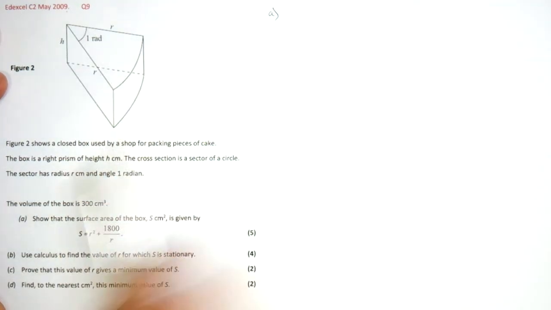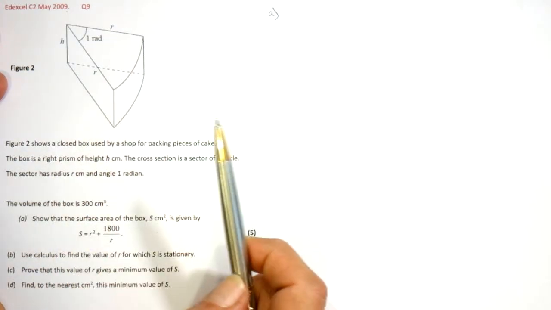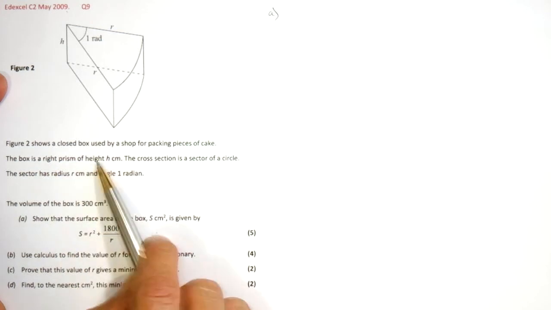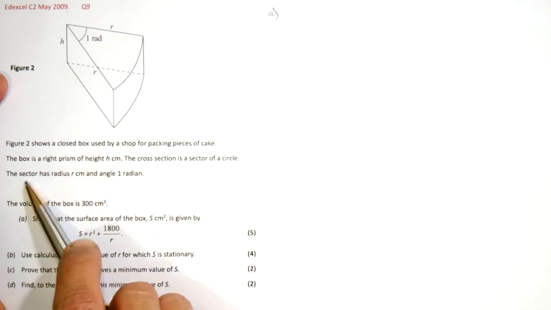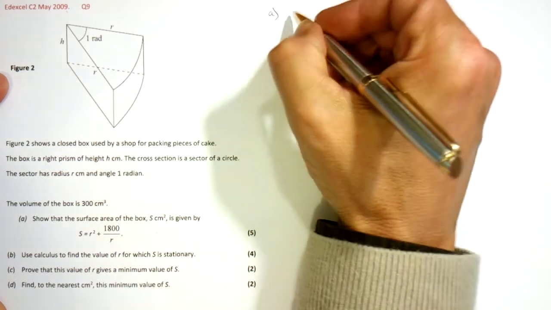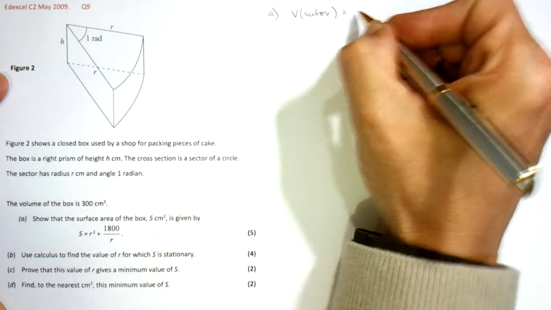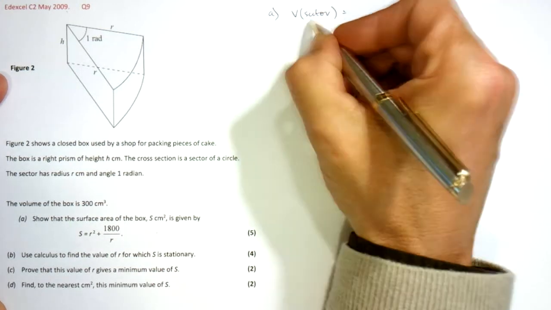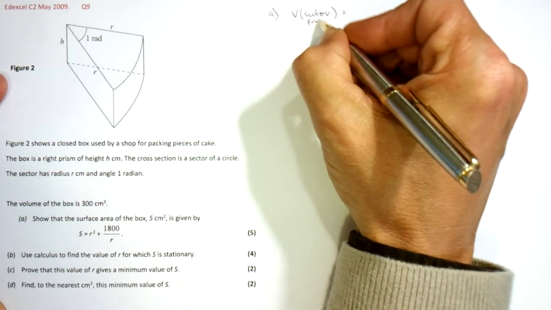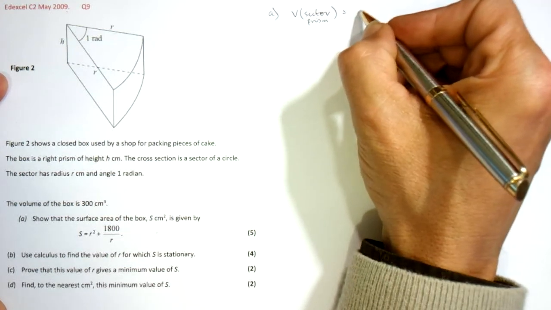What have we got? We've got a sector, which is made into a prism, a right prism with a cross-section of a sector. The sector's got radius r and the angle 1. The volume of the sector prism is equal to sector area times depth.